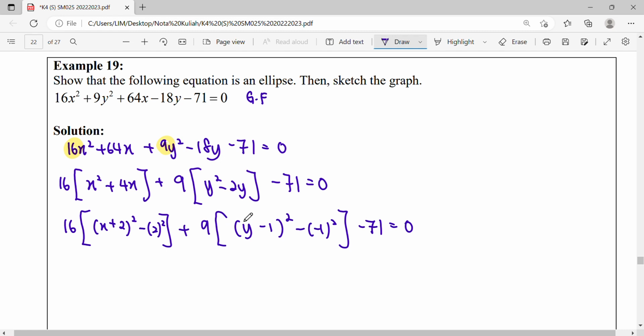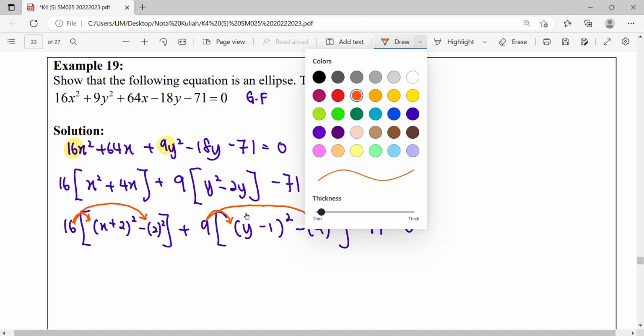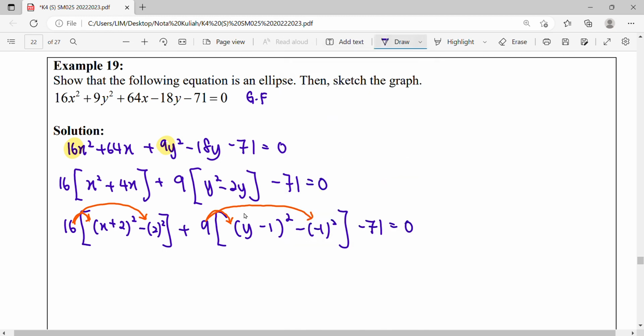So after we complete the square, we expand back the constant we factorized just now. So 16 expand back. When we expand, we multiply the number in front of the bracket with the value at the back. So this is 4 times 16, 64.